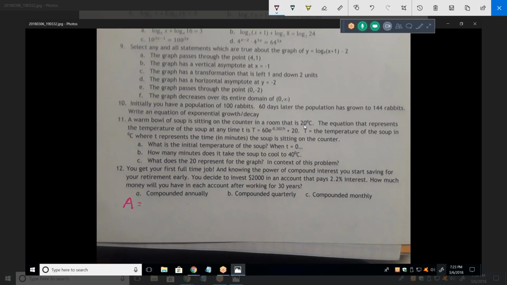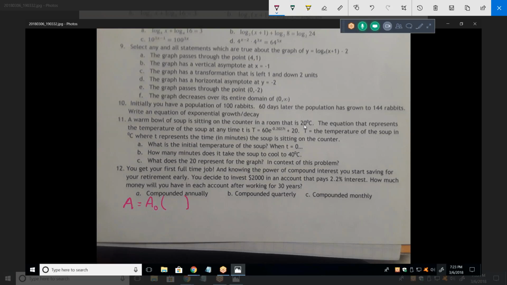Compounded annual, what's the formula? The general. Always want to remember the general. So it always begins with the initial amount. All of them. Even your rabbit problem. The first thing is the initial amount, always. Right. What's next?